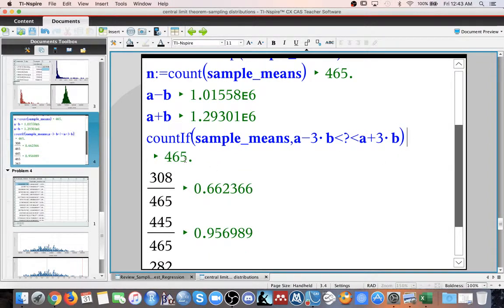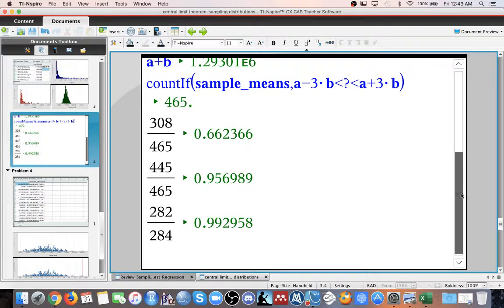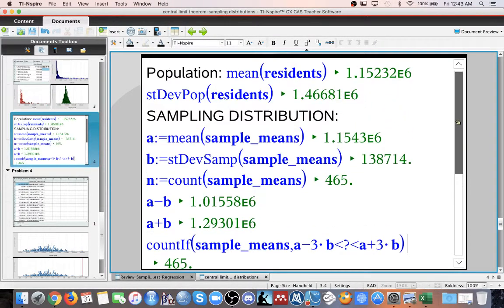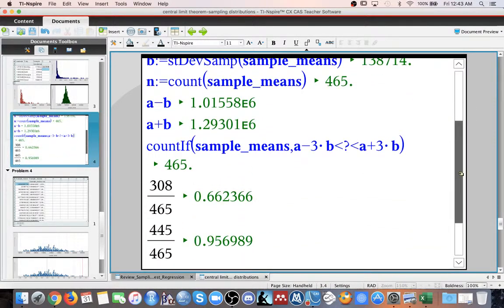That's actually 465, so it ends up being 100%, which in theory, within 3 standard deviations, if there are, imagine, thousands of these data points rather than only 465, it is about 99.7% of the data. So you can see that when sample sizes are big, we get a lot more accurate reads on what the population will be.